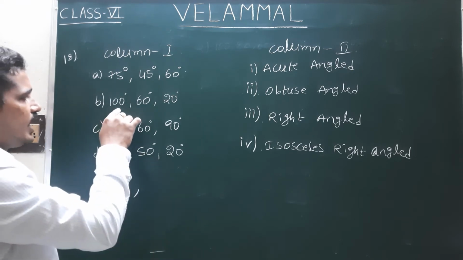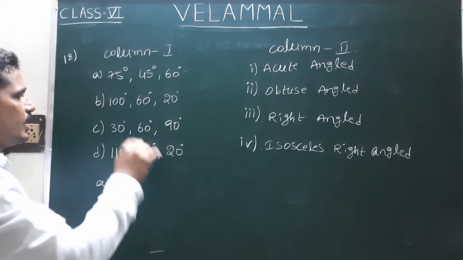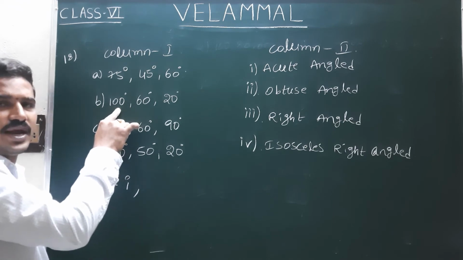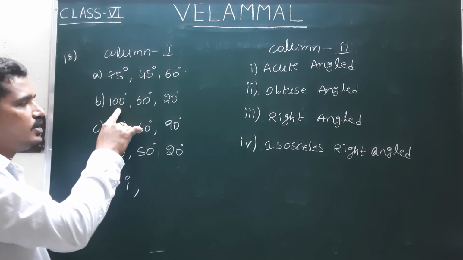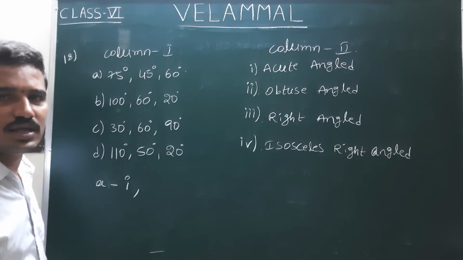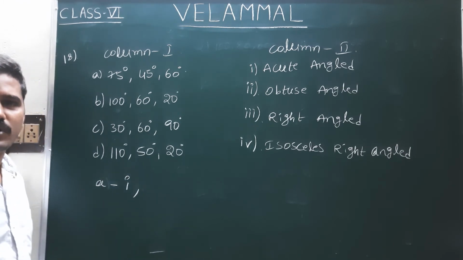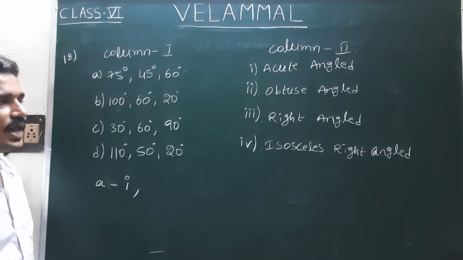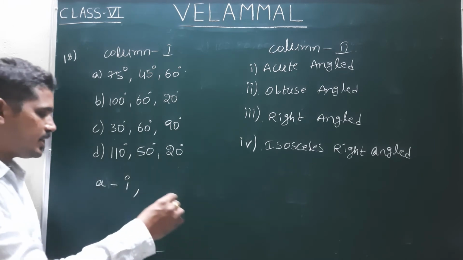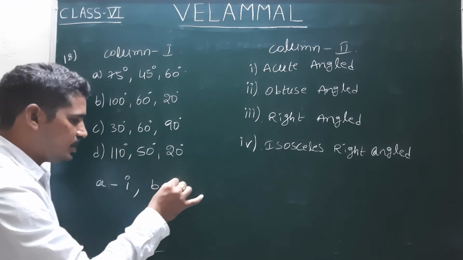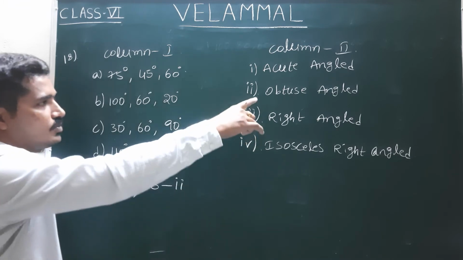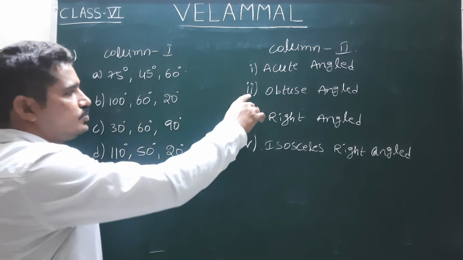Next B, 100, 60, 20. 100 is more than 90 degrees, it is an obtuse angle. We know that in a triangle there can be only one angle more than 90 degrees. That means one obtuse angle is there. The triangle is called an obtuse angled triangle. So B is option 2.